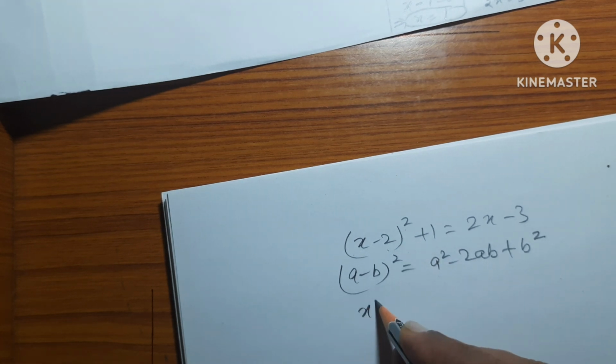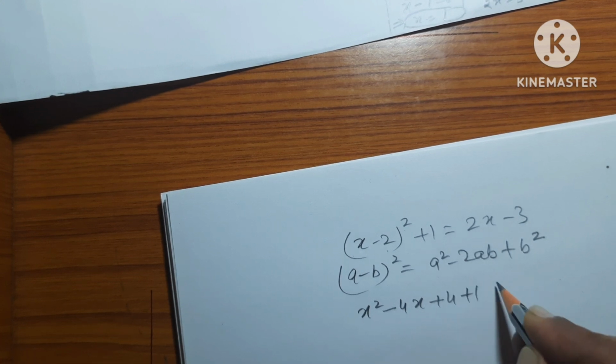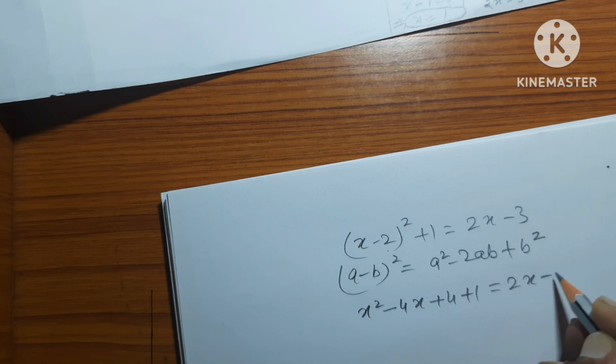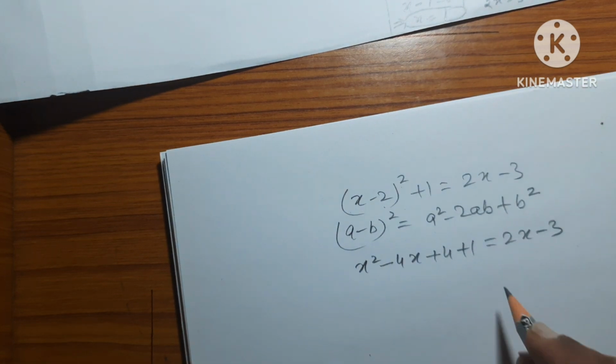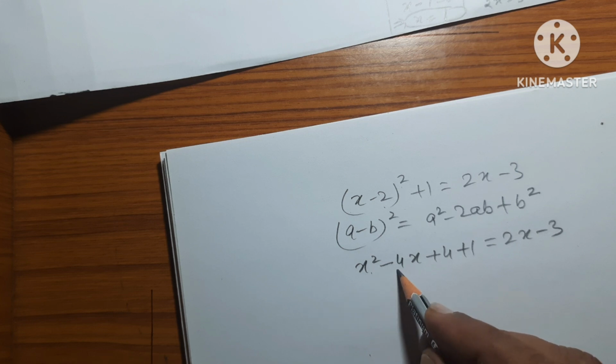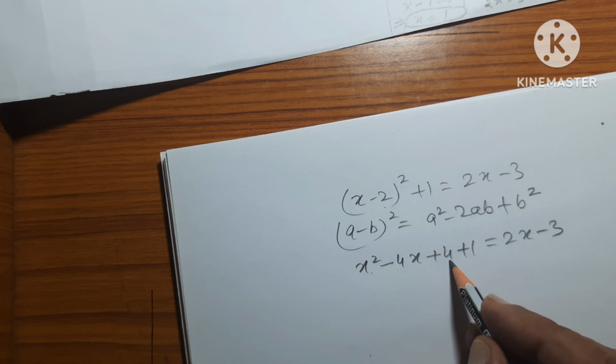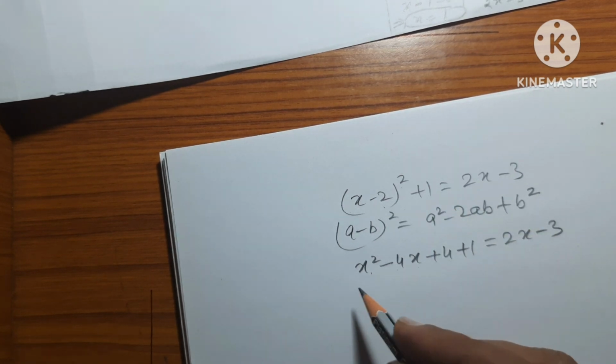This is equal to x square minus 4x plus 4 plus 1, equal to 2x minus 3. So this is a square, this is minus 2ab, and this is b square, and plus 1.